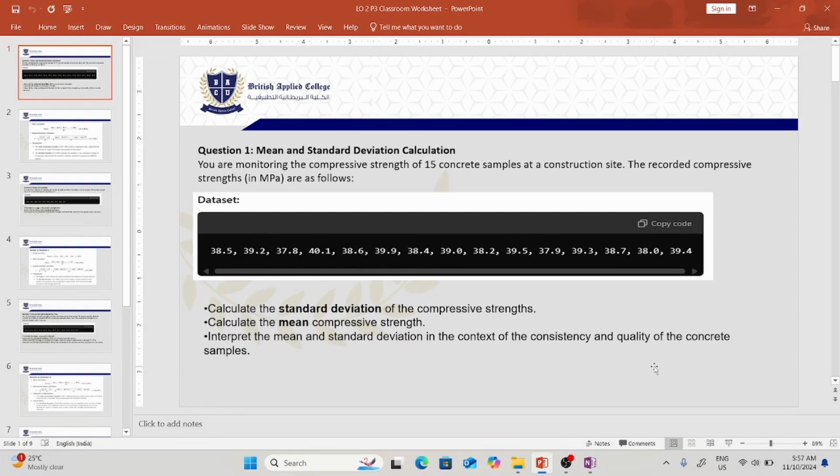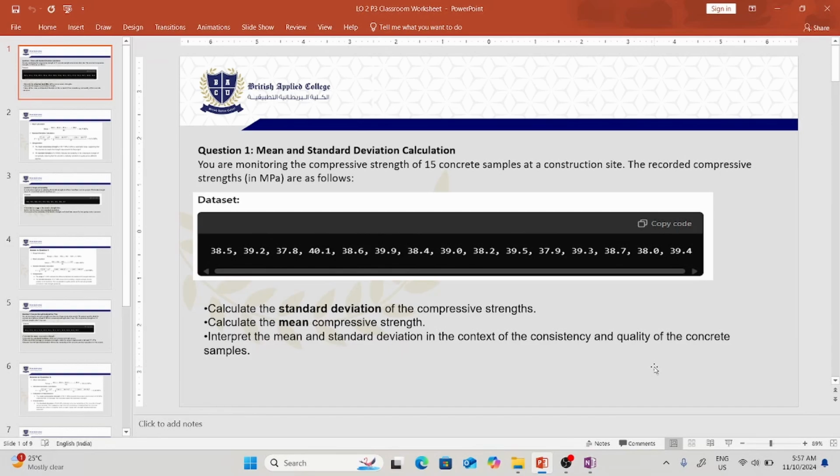Suppose your mean is 20 and your standard deviation is 8. That means the compressive strength reaches up to 20 plus 8, that is 28, and down to 20 minus 8, that is 12, and we don't want too low or too high compressive strength. Data closer to the mean will give you a lower standard deviation. That is what we are aiming for.